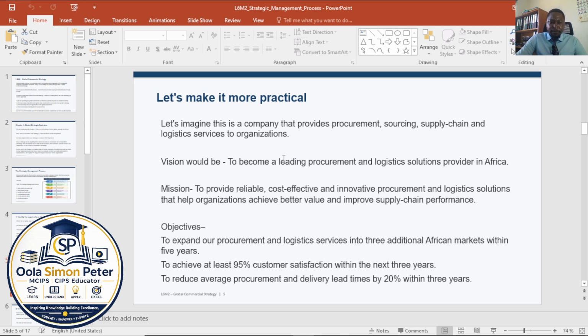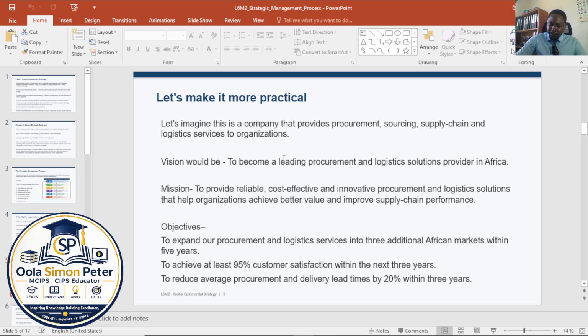So what could be the vision? To become a leading procurement and logistics solution provider in Africa. So PrimeLink is our company, and that is its vision. And the mission, to provide reliable, cost-effective, and innovative procurement and logistics solutions that help organizations achieve better value and improve supply chain performance.